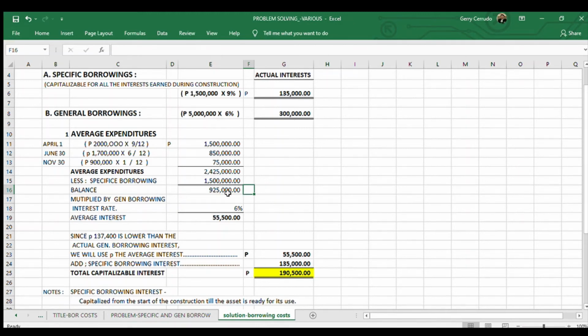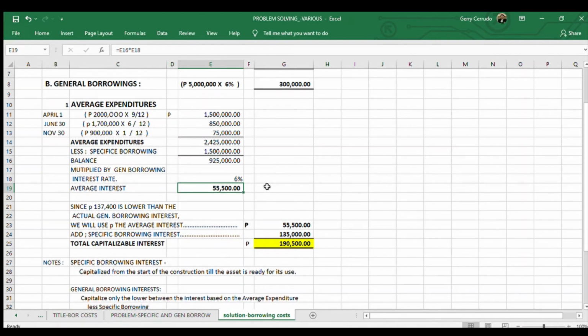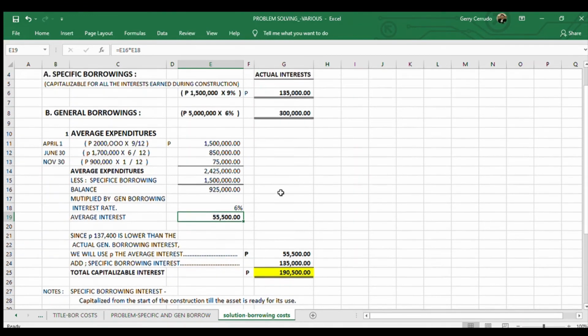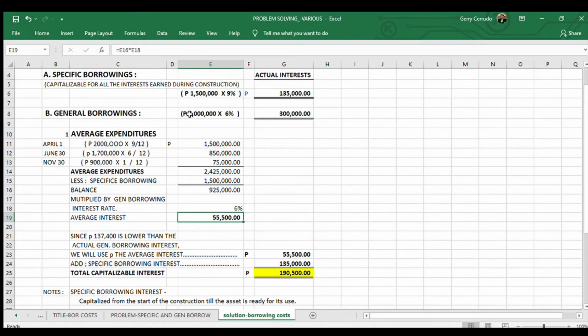So, 925,000 multiplied by 6%, ang naging interest capitalizable is 55,500. So, ano ang rationale pa? So it is not just to get the interest, but to compare it with the lower between the actual interest.